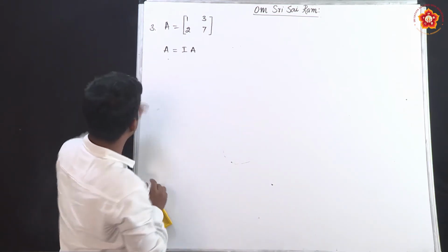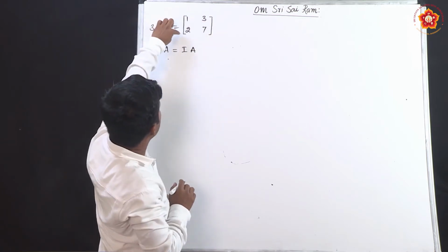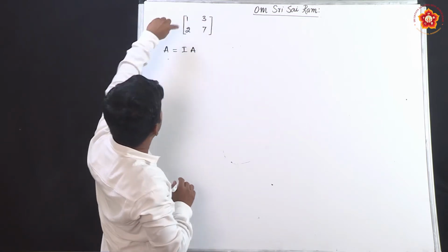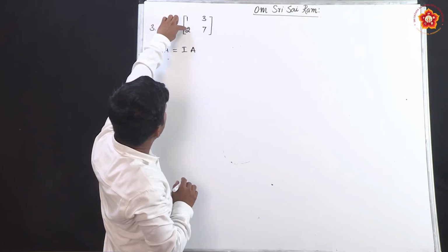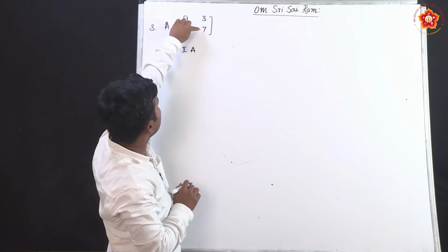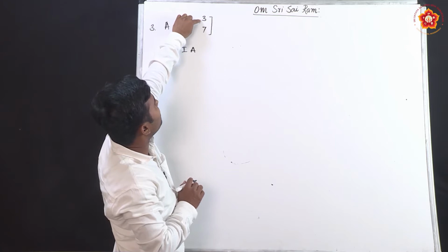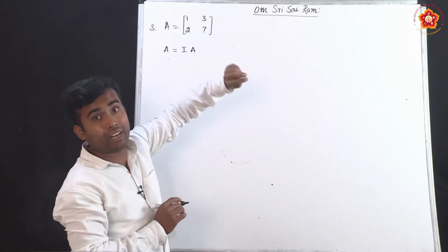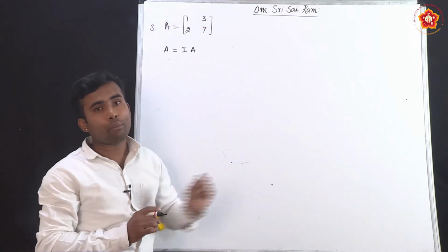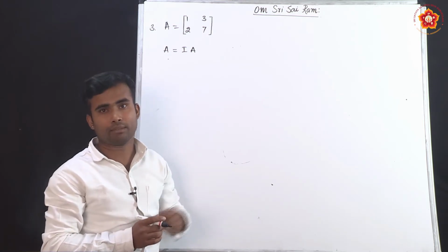Now, while doing elementary row operations, see R1 is 1 3 and R2 elements are 2 7. See, the corresponding element of 1 is 2. Similarly, the corresponding element of 2 is 1. Here also the corresponding element of 7 is 3, and similarly the corresponding element of 3 is 7. You just remember that while doing row operations. While doing column operation, I will tell that in the next problem.